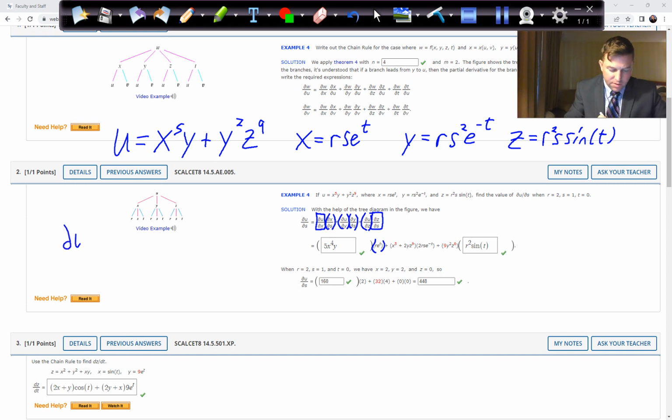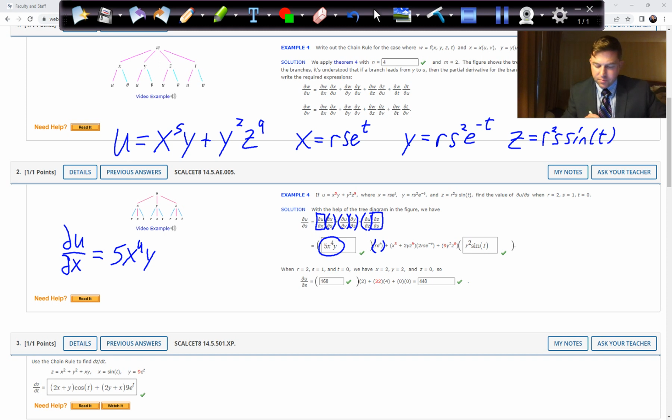We have to find du dx, which is pretty easy. If I look at the u equation and I have x be the variable and all other letters be constants, I'm going to get 5x^4 y, and then y^2 z^9 will just go away. So that's what I get for that box right there.